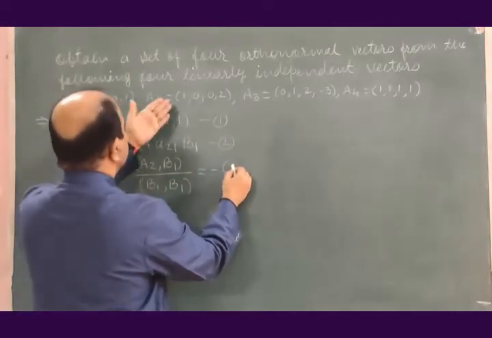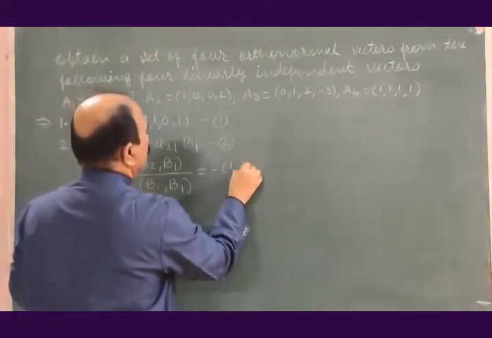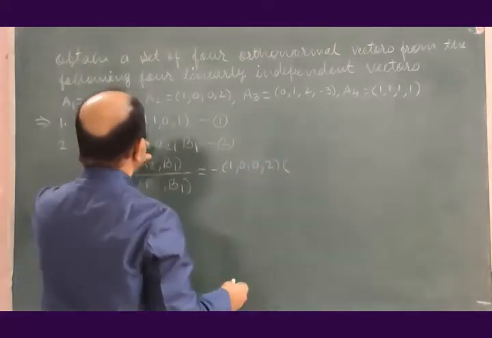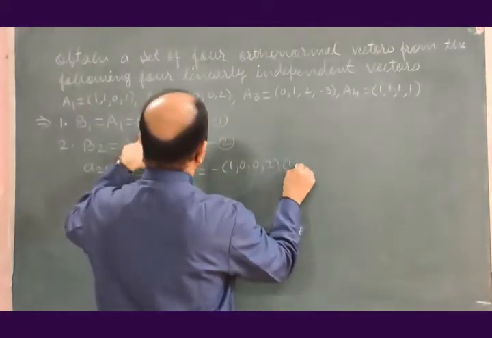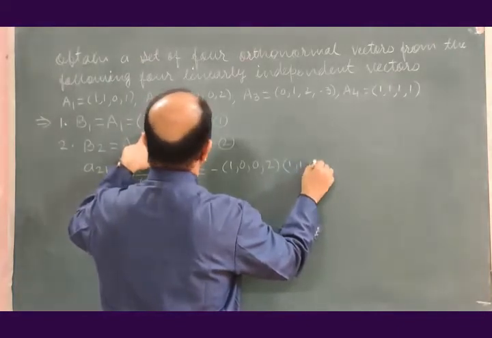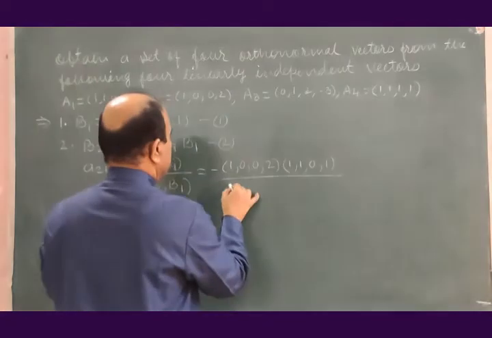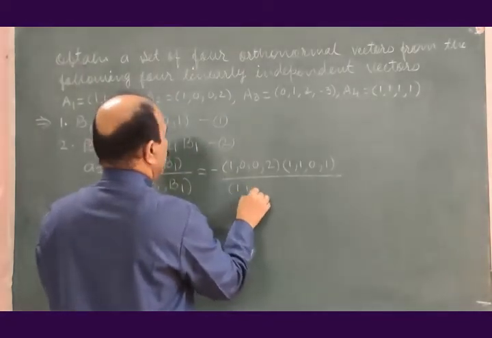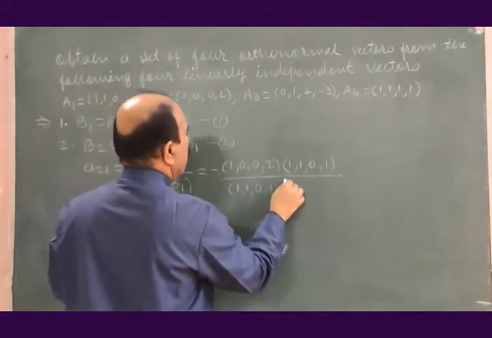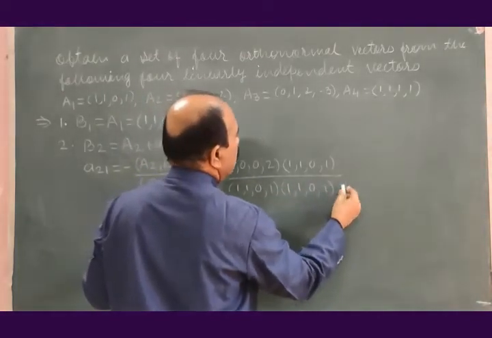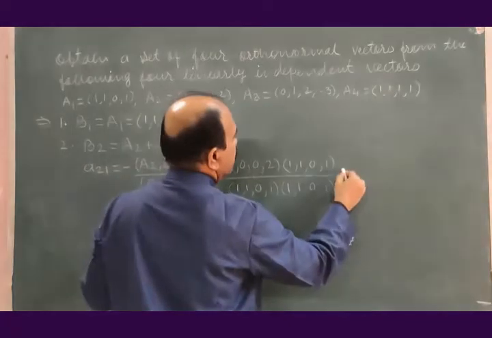A2 is here (1, 0, 0, 2). B1 is here (1, 1, 0, 1), divided by (1, 1, 0, 1) into (1, 1, 0, 1), with minus sign.